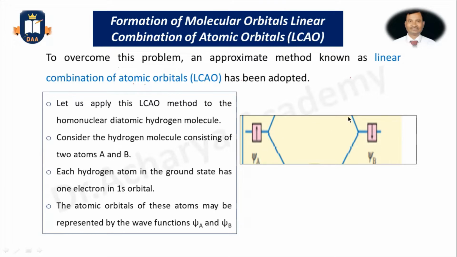Consider two hydrogen atoms, both having a 1s orbital with a single electron. If one hydrogen atom is denoted by A, its wave function is psi A, and for hydrogen atom B, its wave function is psi B.